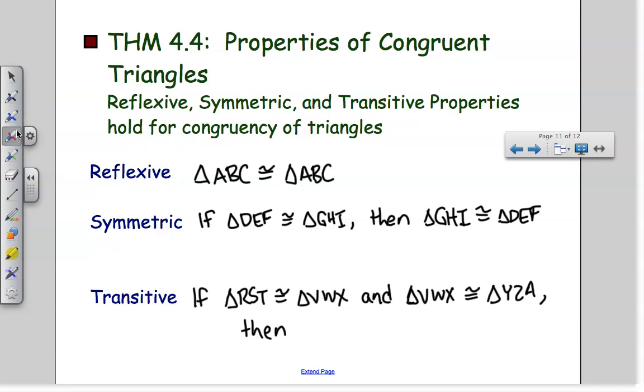We'll notice that we had triangle RST was congruent to triangle VWX, and that same triangle VWX was also congruent to triangle YZA. So my last statement is knowing that triangle RST would also be congruent to triangle YZA, seeing that they were both congruent to the same thing. So these properties also hold for triangles. A few more theorems today, and working with proof of triangles.